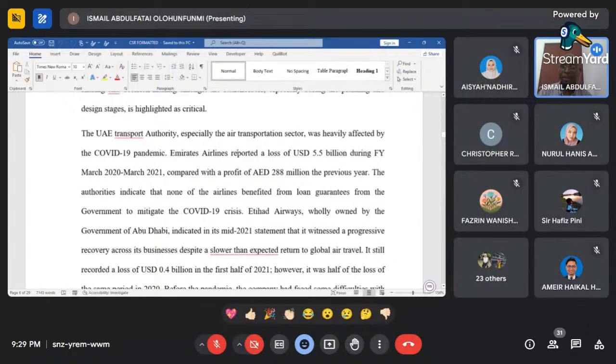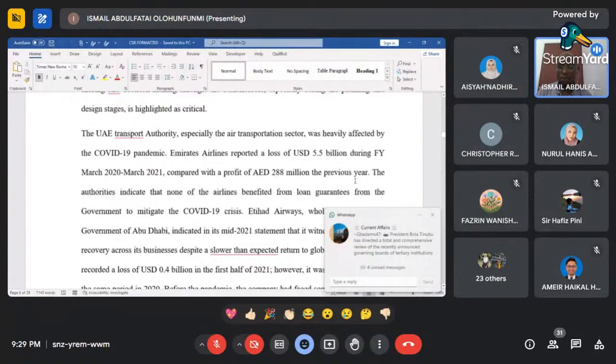Emirates Airline reported a loss of USD 5.5 billion during FY March 2020 to March 2021, compared with a profit of AED 288 million the previous year.